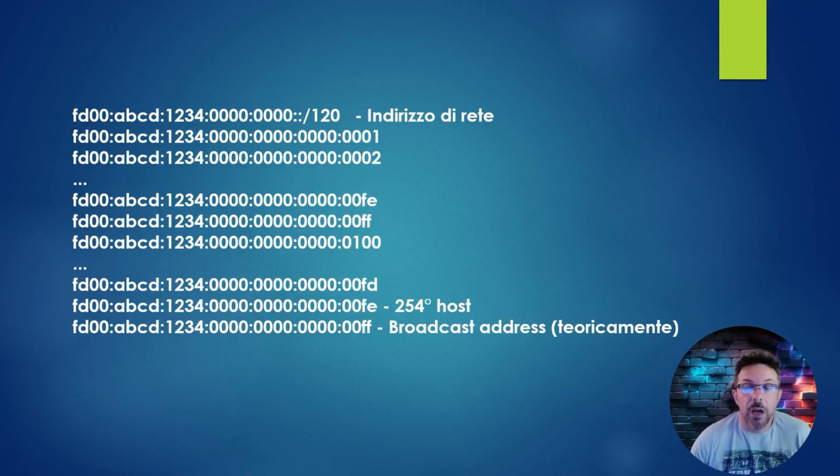And this is the result of the entire subnet of the 256 hosts with /120. As you can see at the bottom, I wrote broadcast address, theoretically, because as I've already said, in IPv6 we don't have broadcast. So this is just to give you an idea, but it's not the broadcast address we're used to because IPv6 doesn't have one.